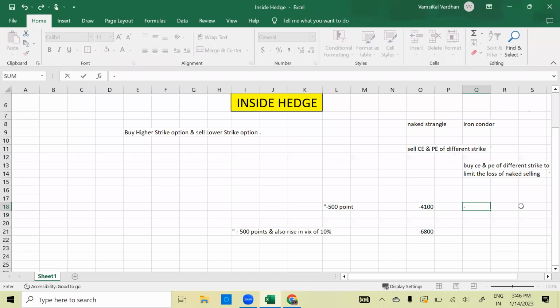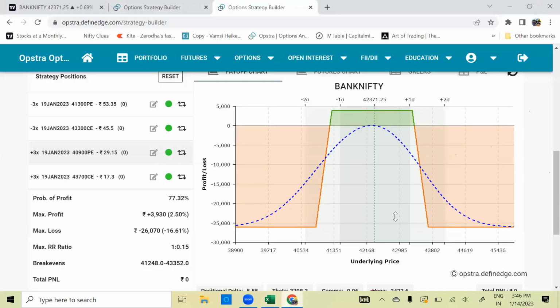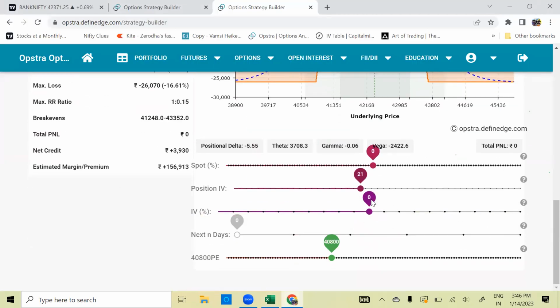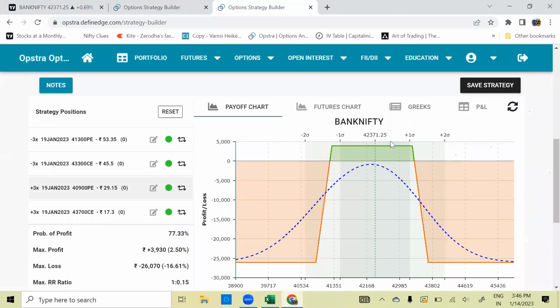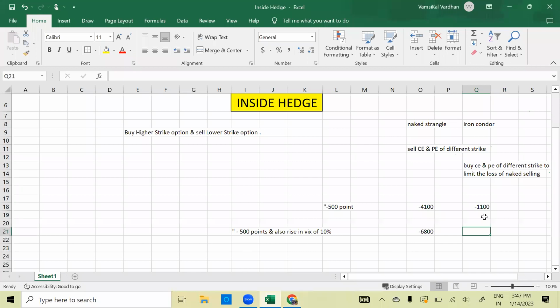So if I do the normal hedge, my max loss for a 500-point move is showing as minus 1100. Now let's increase the VIX also by 10%. At 871, it is showing minus 2000.